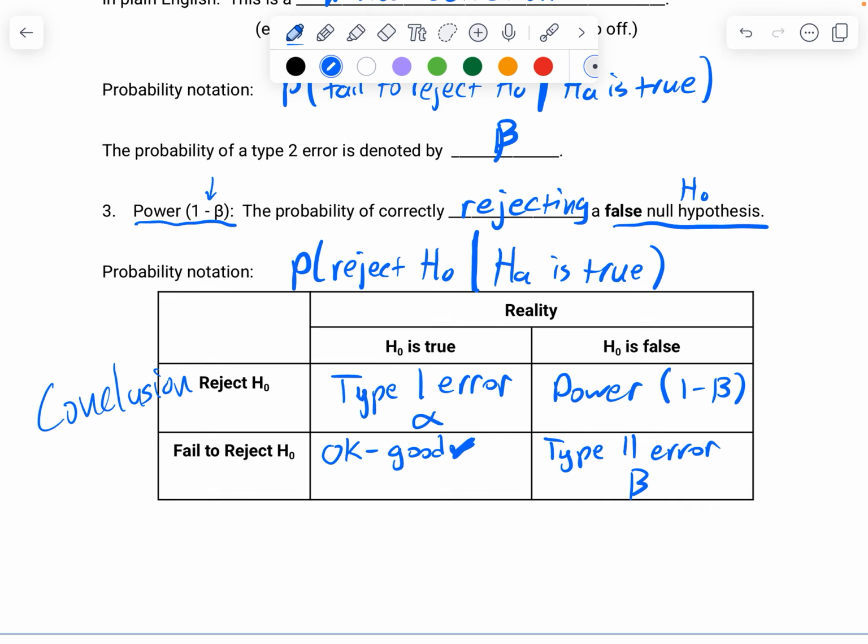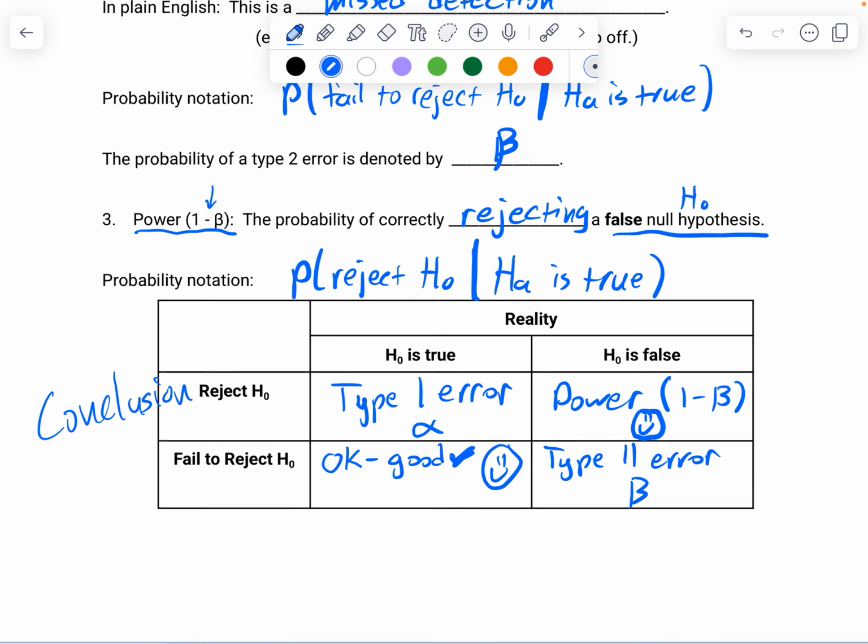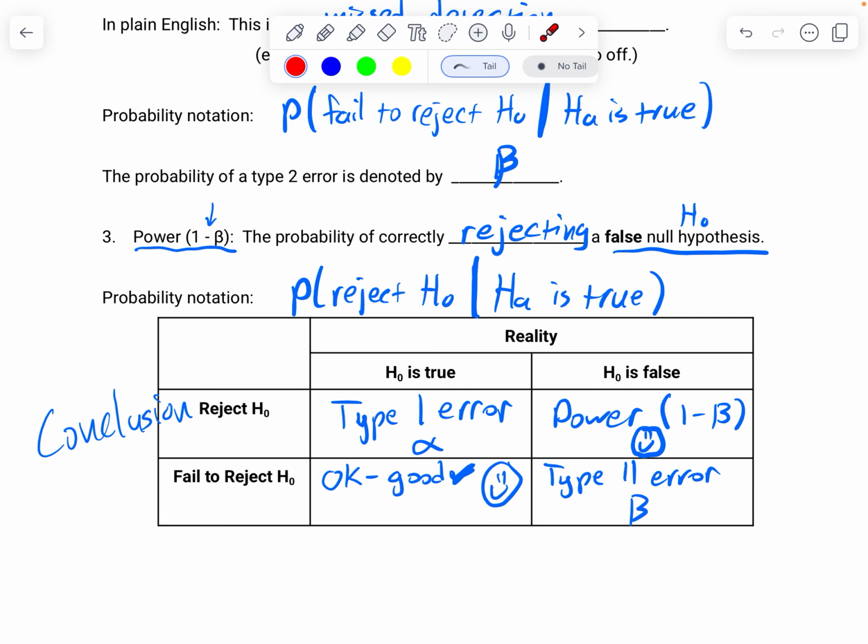We did the right thing. Smiley face. And you could equally put a smiley face here. Those are the two good results, right? You don't reject it when it's true, and you do reject H0 when it's false.